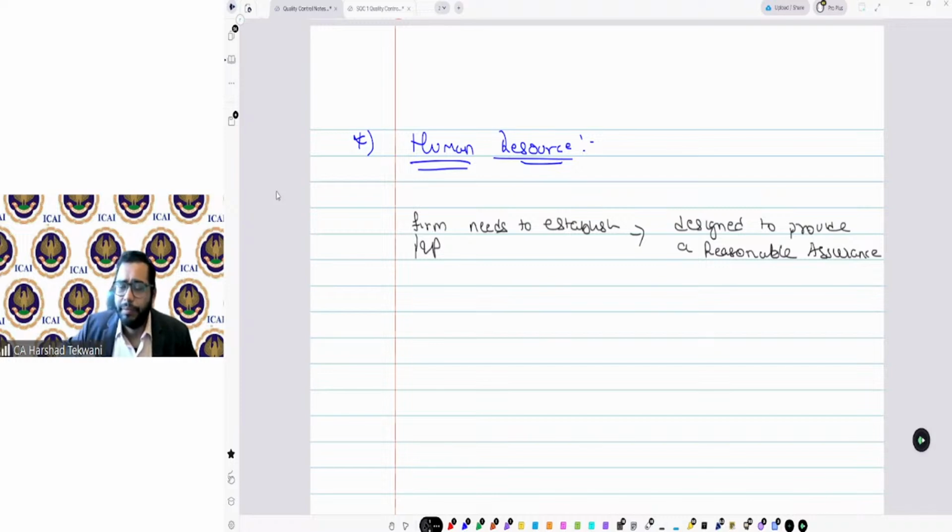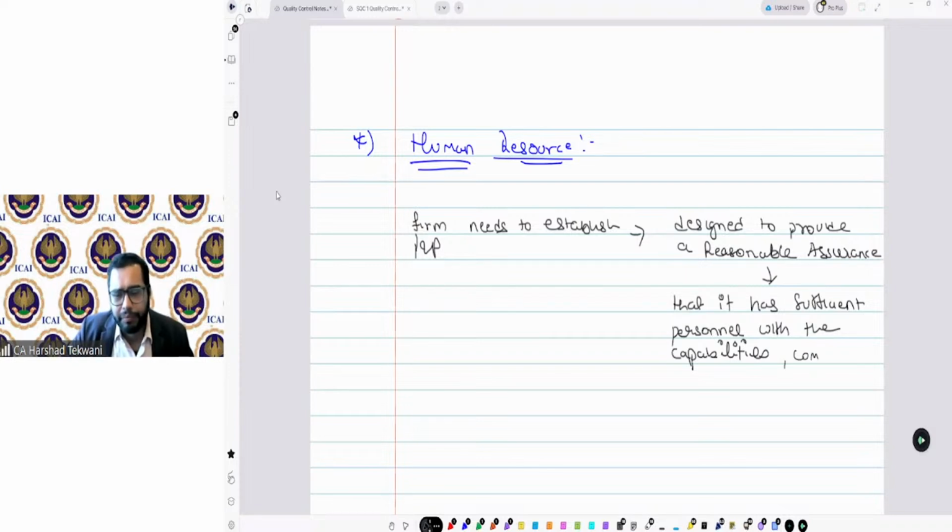Reasonable assurance that it has sufficient personnel with the capabilities, competency, and commitment to ethical principles.